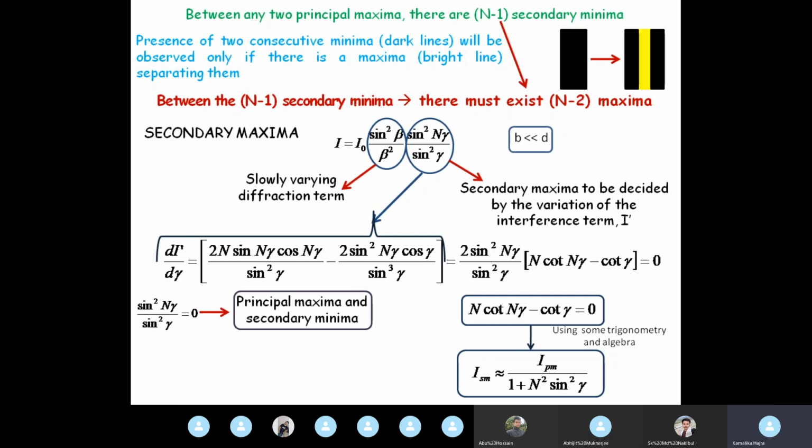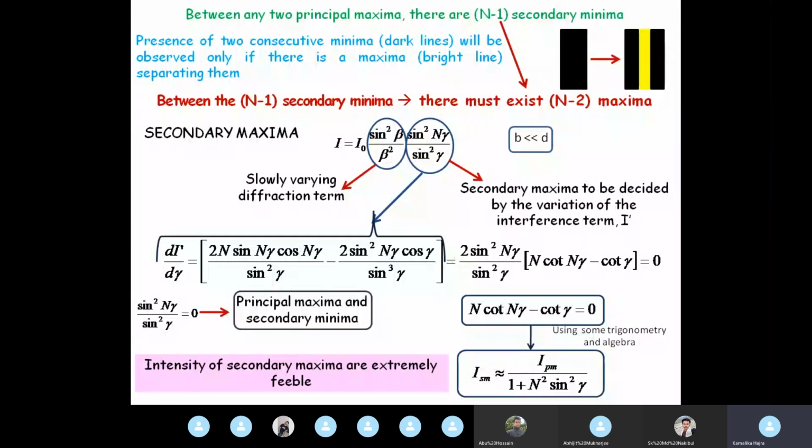So you can see n is a very large number and it appears in the denominator. So you can clearly say from this expression that the intensity of secondary maxima is extremely feeble.